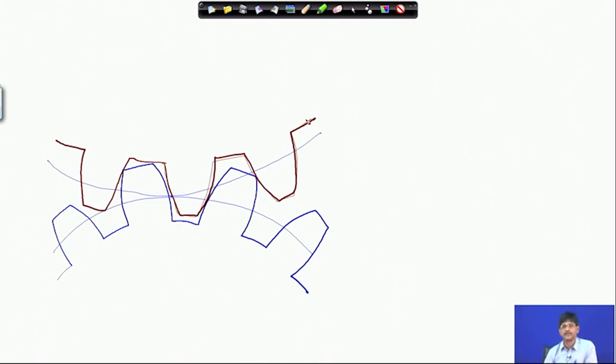Like this. Though the drawing is not very perfect, I think we can continue our discussion with these geometry elements in view. These are the teeth of the gears.